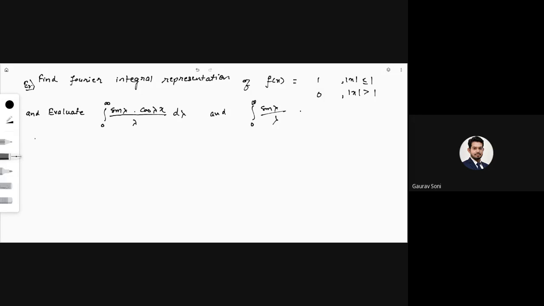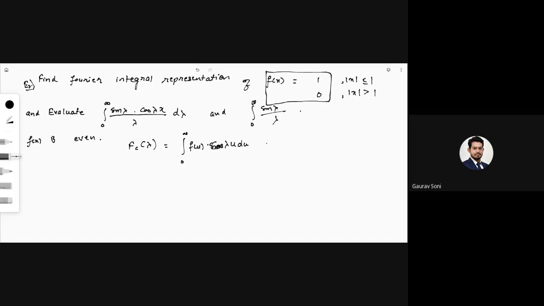Okay, so first of all we observe the function. The function is an even function, that is f of minus x is also equal to f of x. Once the function is even, I can go for the Fourier cosine transform fc of lambda. The formula for fc of lambda is integral 0 to infinity f of u cos of lambda u du.